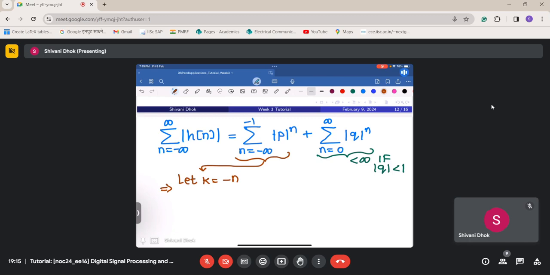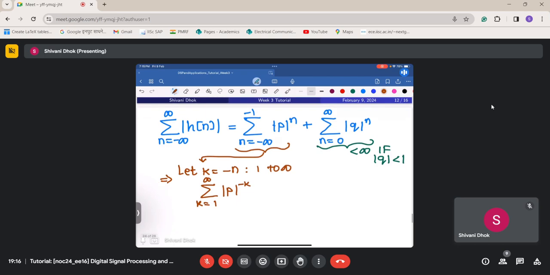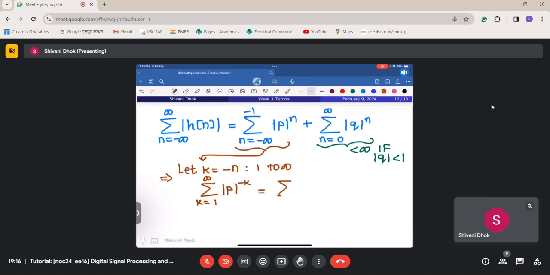If that is the case, then the limits will change from 1 to infinity, and this will be magnitude of p to the power minus k. Or this I can also write as summation k running from 1 to infinity 1 by magnitude of p to the power k.